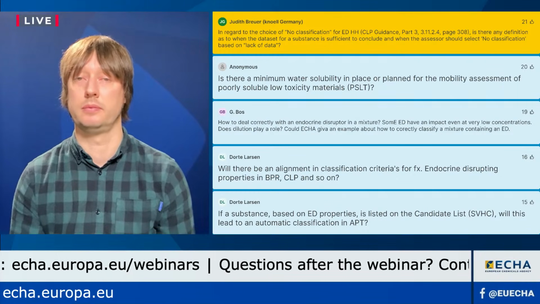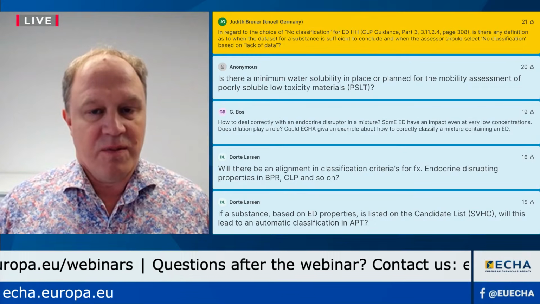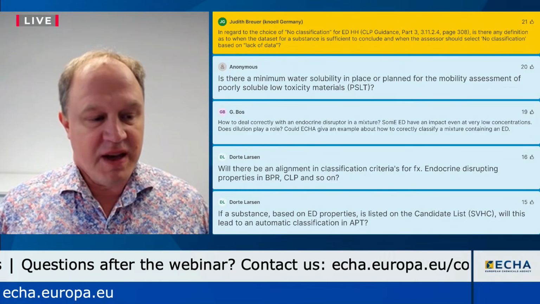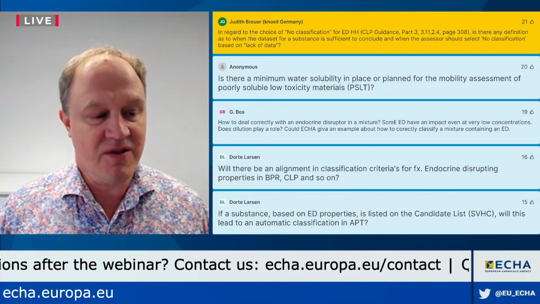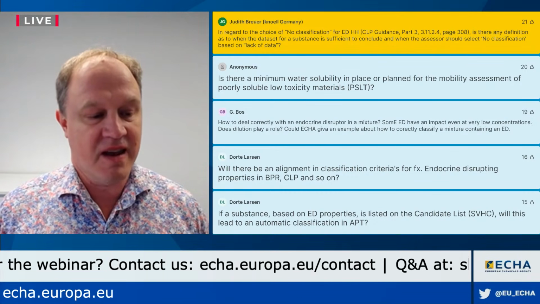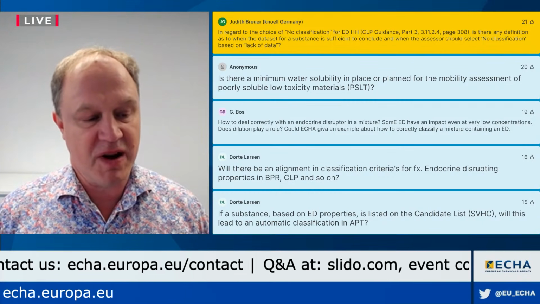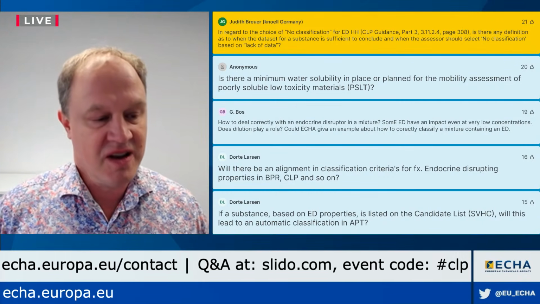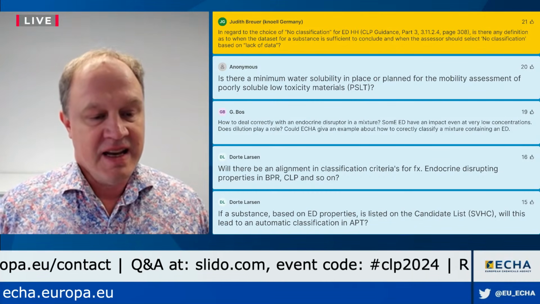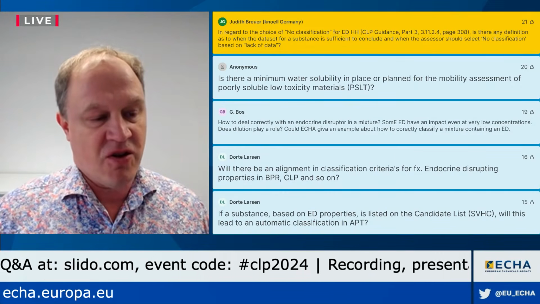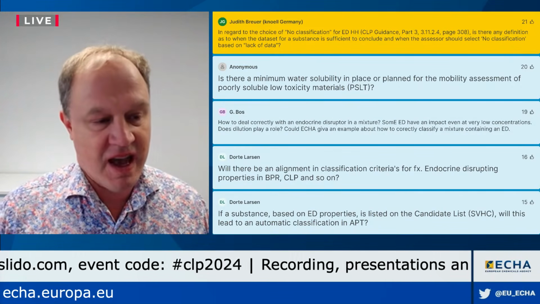Yeah, thank you, Simon. I think first we need to be very clear that there are no testing requirements in CLP. Testing requirements are governed by other legislation such as REACH, the pesticides and biocides regulations, for example, and under REACH it also varies depending on the tonnage band of the substance produced.